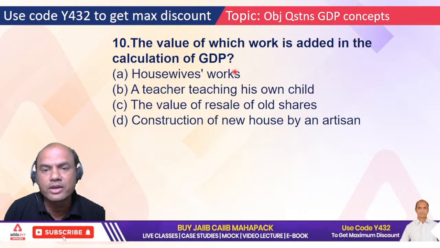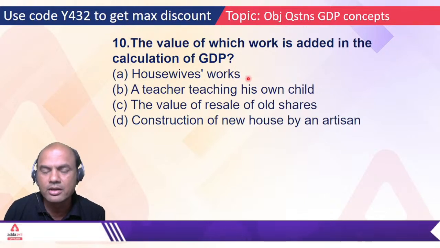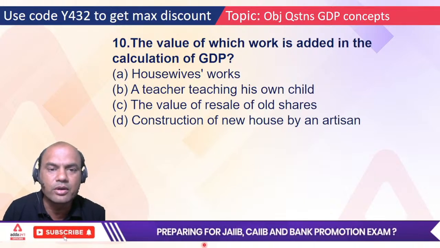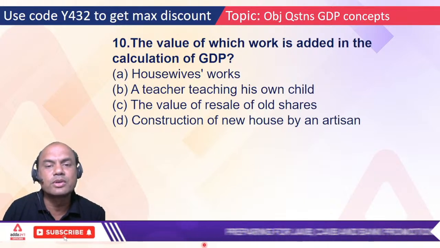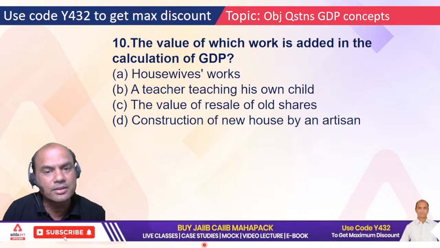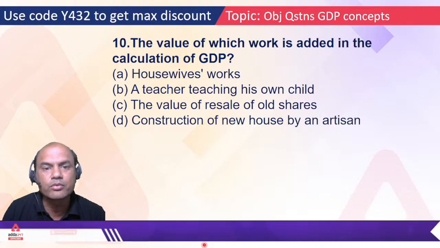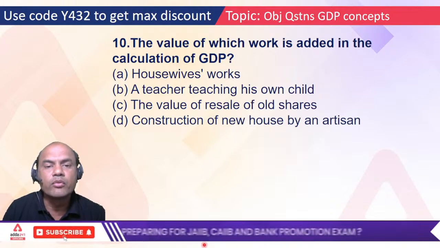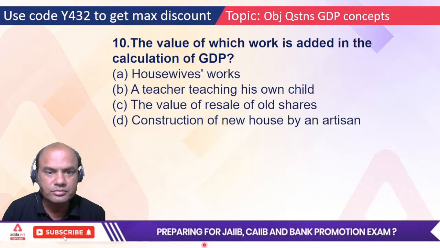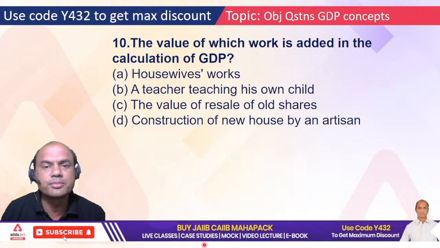Housewives work means whatever she works at home. Remember, if the housewife is doing some business at home, that is separate, that will add up to GDP. But what the question means is, whatever work she does at home, that is not adding up to GDP. Okay. So A is not the answer.